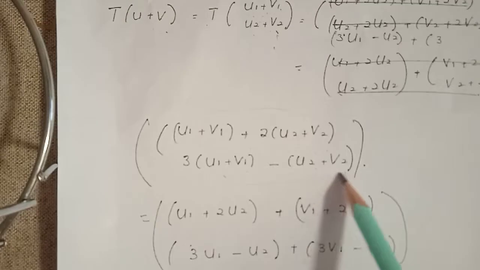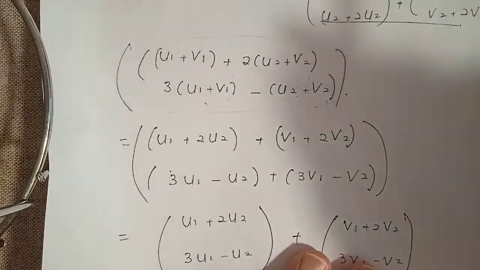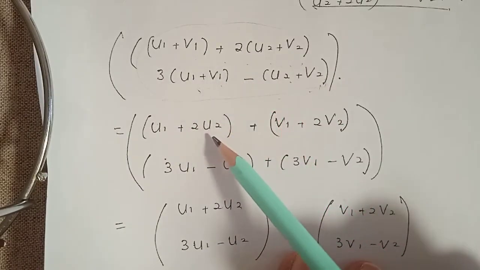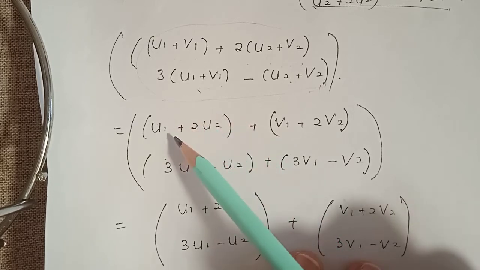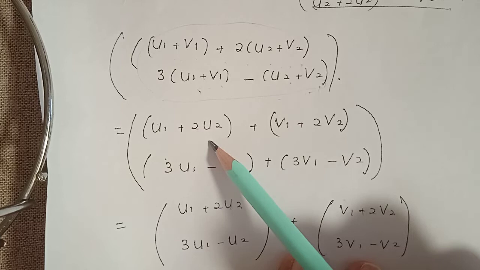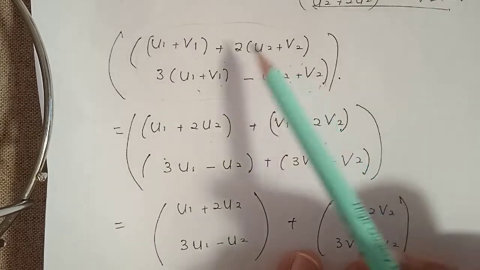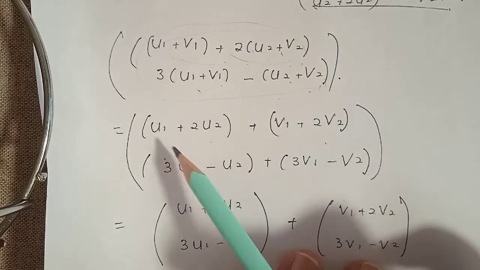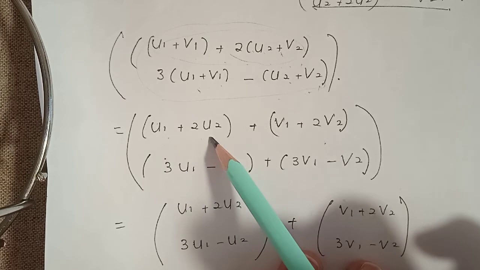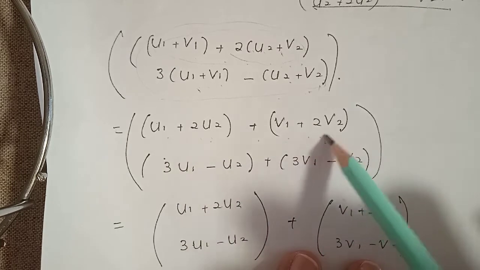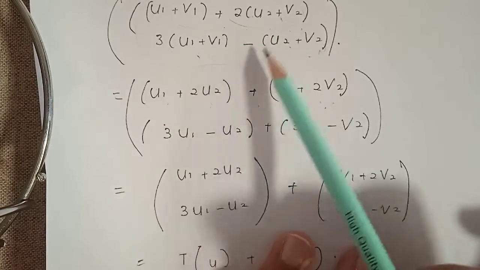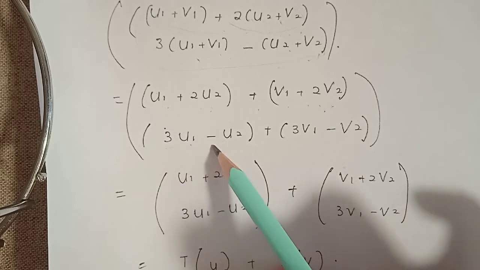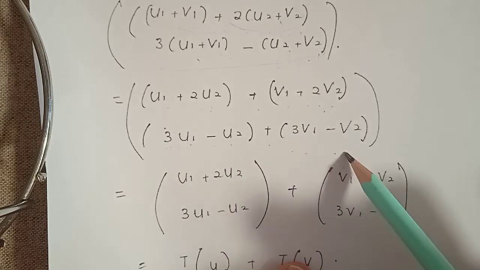Let's simplify these expressions and put the vectors U1, U2 and V1, V2 in one place. We obtain U1 plus 2U2 plus V1 plus 2V2, and the second component 3U1 minus U2 plus 3V1 minus V2.